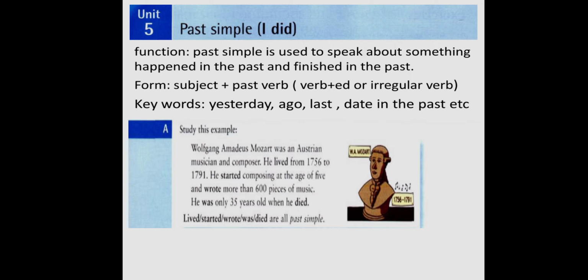So we say he lived from 1756 to 1791. The two dates are in the past and finished in the past, so we use the past simple. He started composing at the age of 5. When he was 5 years old, he started composing.